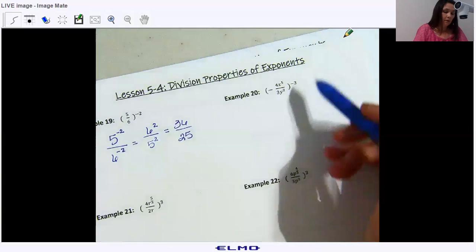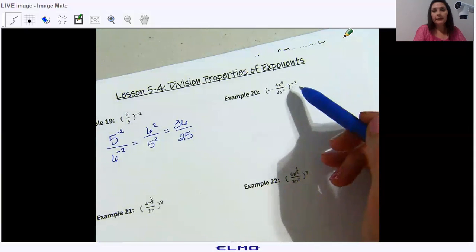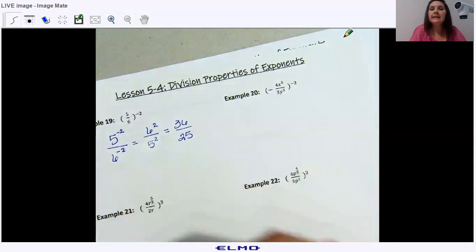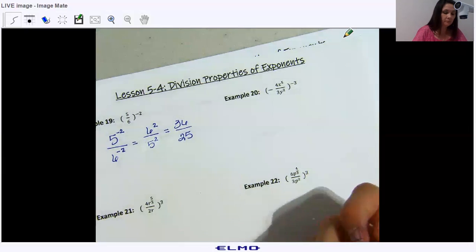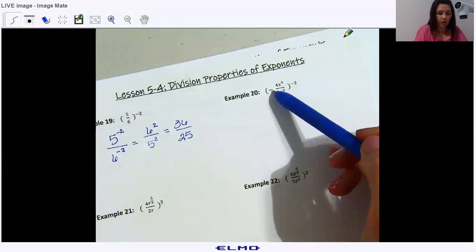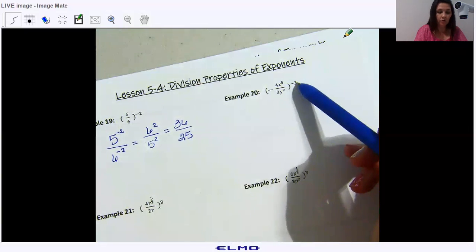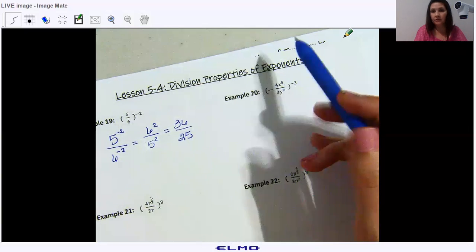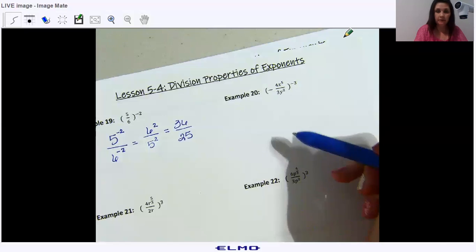Okay. Now, we come to a problem like this. This is a little bit different. There is a negative in front of the parenthesis. It's the same as saying there's a negative 1. Okay, so when I rewrite this, I'm going to rewrite it as a negative 1 here, and then I'm also going to apply the negative 3 to every term within the parenthesis.